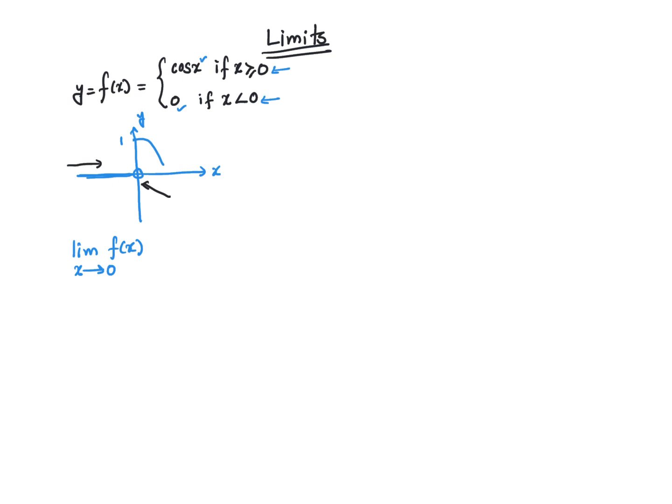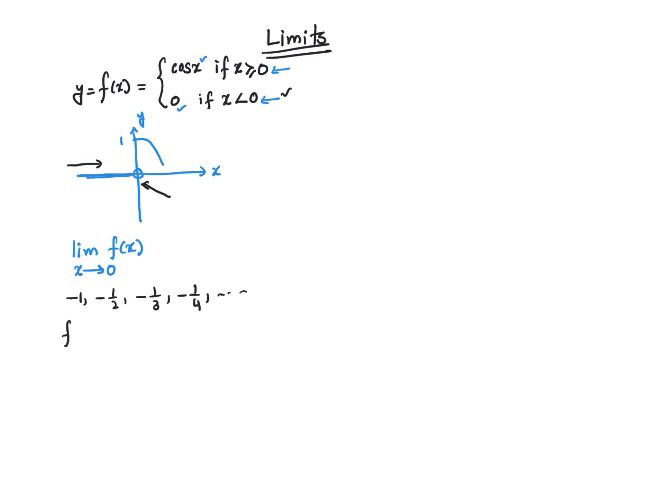Now, we know that the value of the function is 0 if x is less than 0. So let's create a sequence. Let's say my sequence is -1, -1/2, -1/3, -1/4, and it keeps going. The numbers are increasing going towards 0.